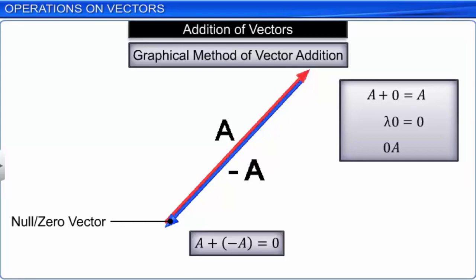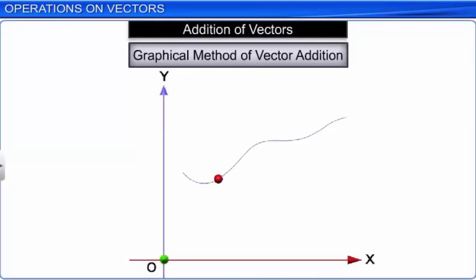Let's discuss the physical meaning of a null vector. Consider a body occupying position P with its position vector r at time t. From time t to t dash, it moves from position P to P dash. Its position vector at time t dash is r dash.